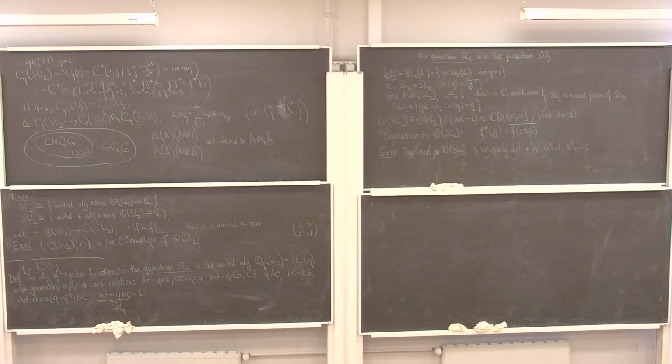Okay, so this is our algebra, the algebra of regular functions on the quantum SL2. Of course, let's observe that if Q equals 1, then again, this is nothing but the algebra of regular functions on the SL2 group.